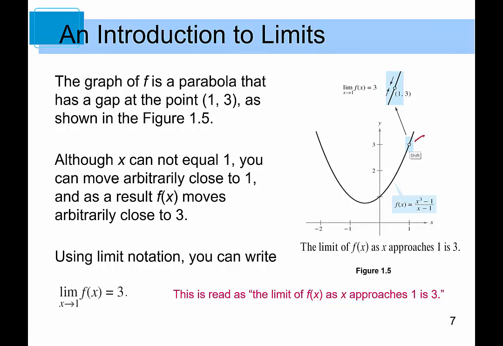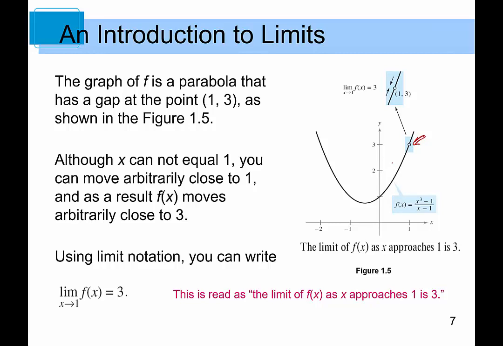At this point, it's an undefined point. So that's why we put a hole there, to indicate that at that particular point the graph is discontinuous. So the graph of f is proper, but it has a gap at x equals 1, as shown in figure 1.5.